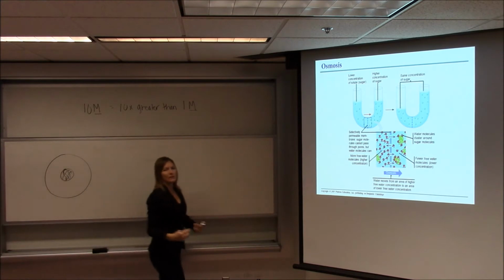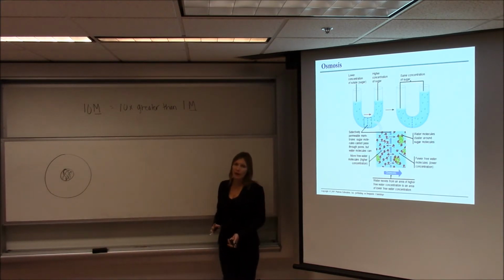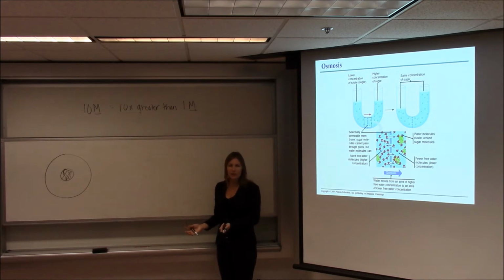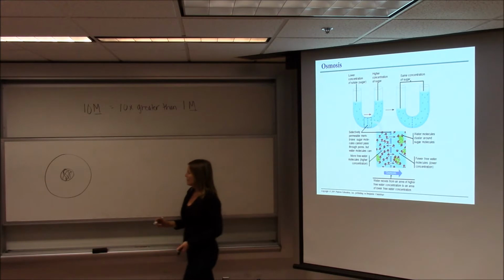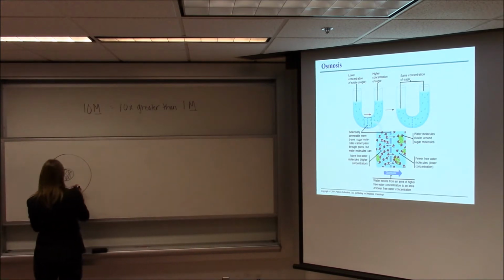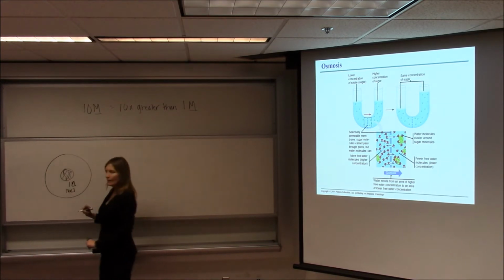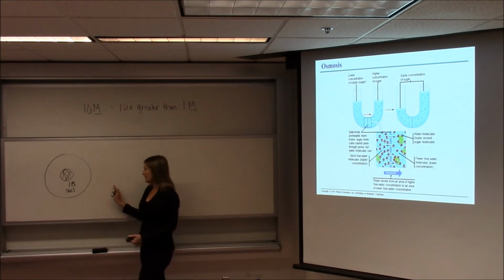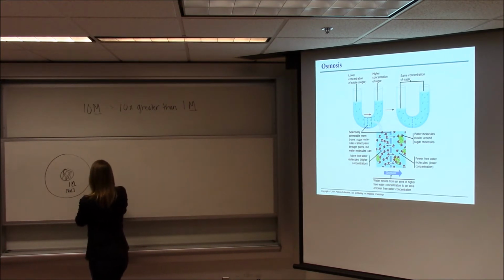Just for the sake of example, I'm going to use sodium chloride as our solute, because it's a term you're familiar with, you know it's a salt. So let's pretend that inside the cell we have a 1 molar sodium chloride concentration, and outside the cell we have a 5 molar sodium chloride concentration.